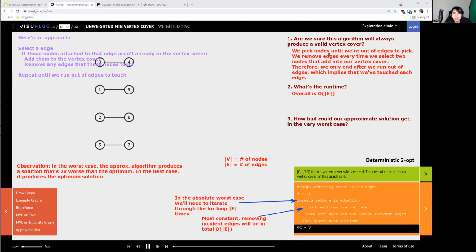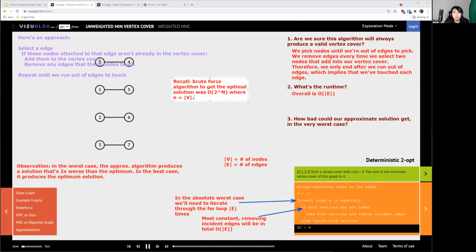And therefore, the overall runtime would be something like O of E, which is way better than what we had before. If you remember, the brute force algorithm to get the optimal solution was O of 2 to the n, where n is equal to the number of nodes we have. Right, because we have to generate all possible subsets of the nodes in the graph from last week, and that was 2 to the n, right?